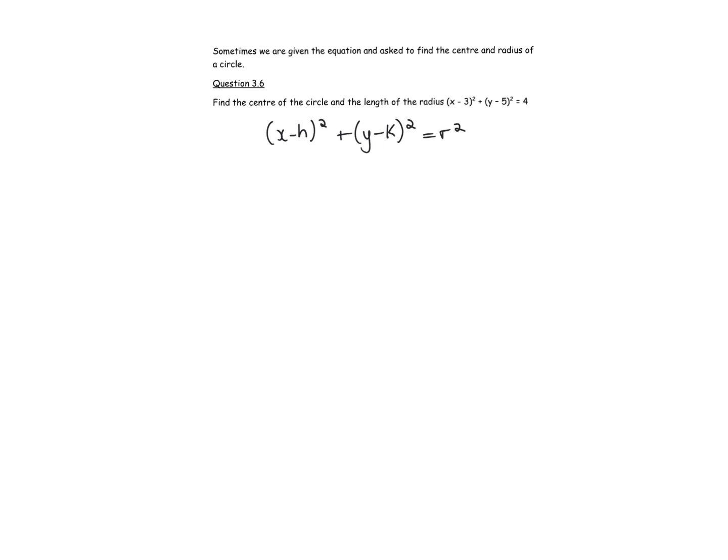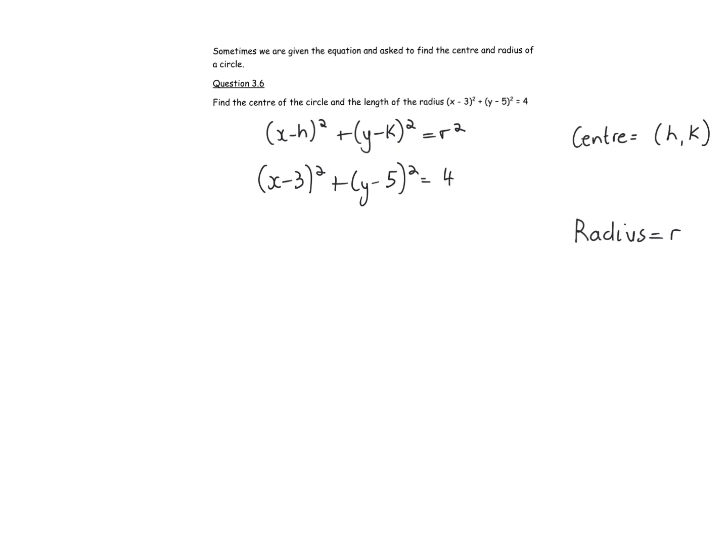And here we have that the centre is equal to (h, k) and the radius is equal to r. If we compare them then, we have (x − 3)² + (y − 5)² = 4.